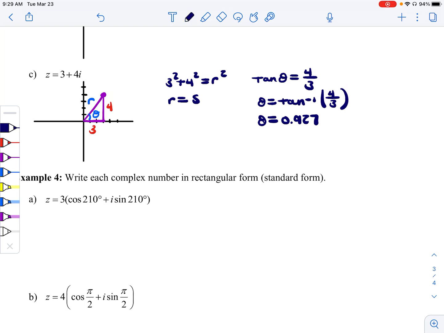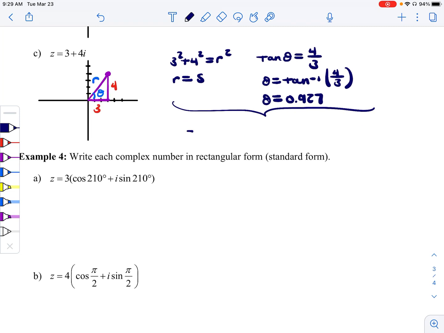So now just putting this together, our number is 5 times the quantity cosine of 0.927 plus i sine of 0.927. So that will be our final answer.